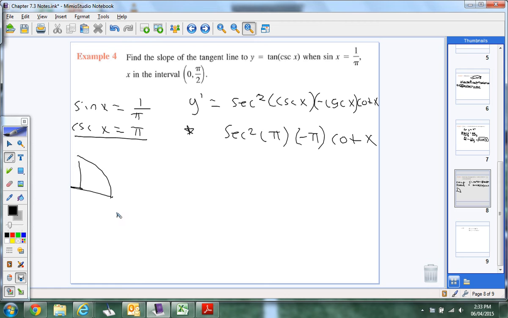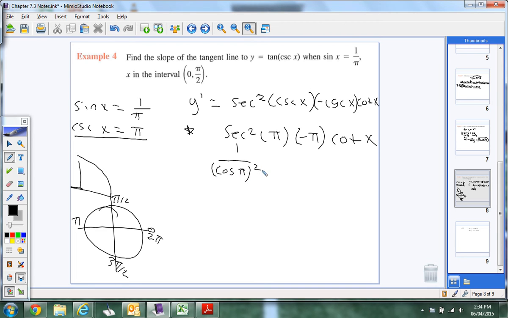Okay, so in our unit circle, remember that that's 0, pi over 2, pi, 3 pi over 2, and then back to 2 pi, right? Cosine is your x values. So right now, this is the same thing as 1 over cosine of pi squared. It's the same thing as secant squared.